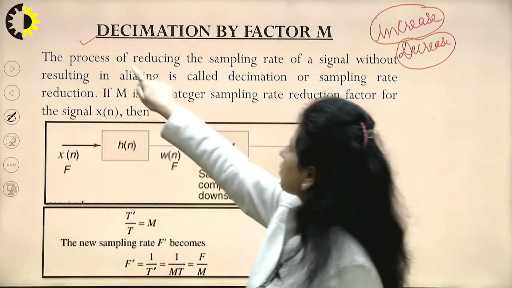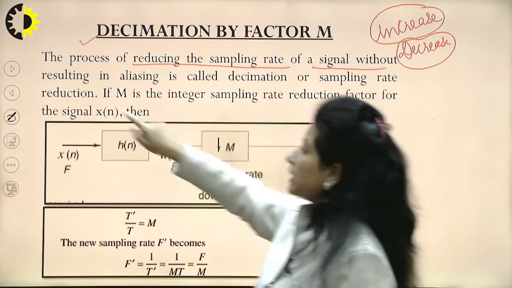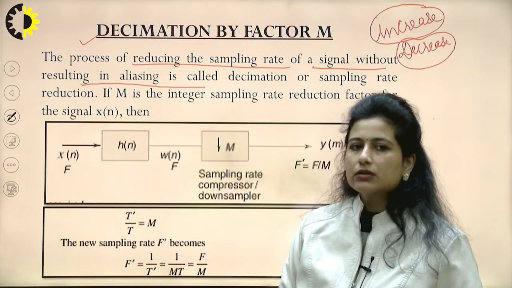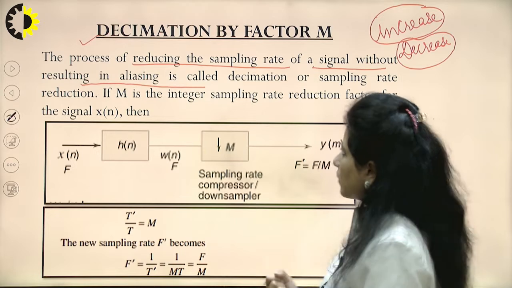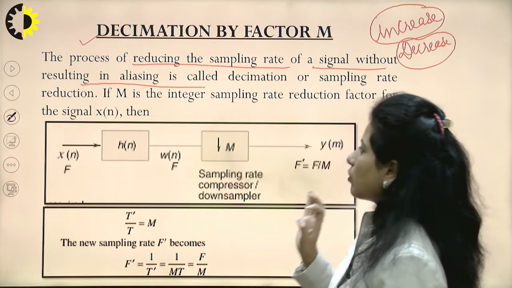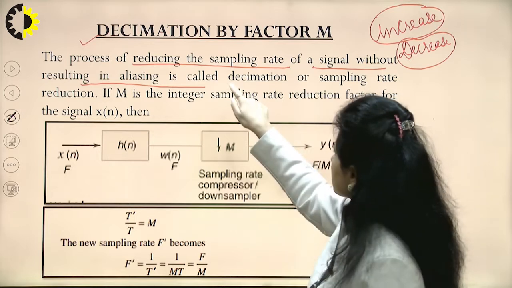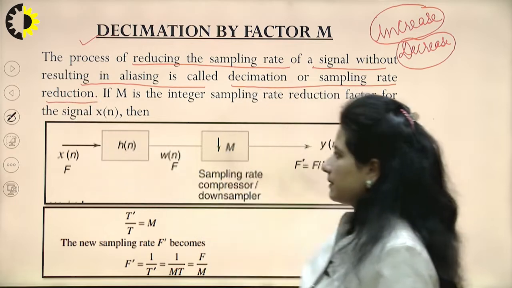Decimation is the process of reducing the sampling rate of a signal without resulting in aliasing. This is important: I need to process a signal so that no error appears at the output. So I reduce the sampling rate and also try to remove the effect called aliasing. This is called sampling rate reduction or decimation.